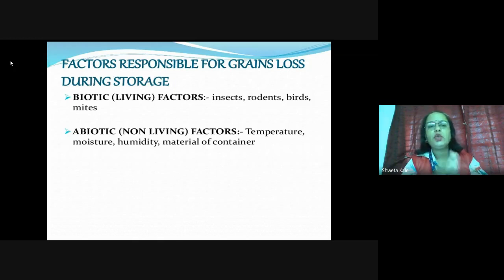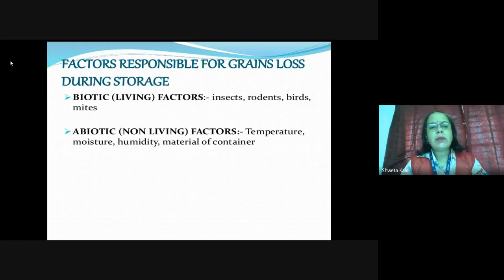Now there are two major factors. One is the biotic factor and the other is the abiotic factor. Biotic factor means it is mainly related to living organisms, like the grain can be eaten by insects, rodents, birds, or mites. So these are the biotic factors.